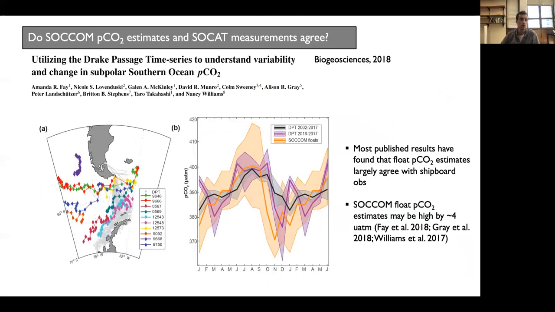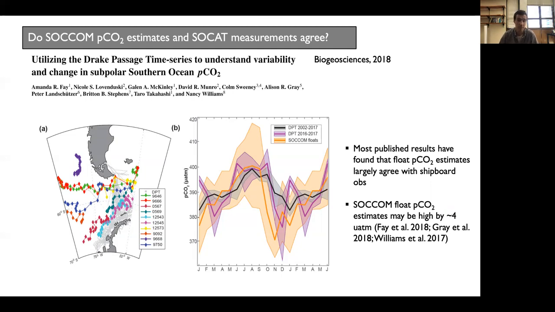So first, do the SOCCOM PCO2 estimates and SOCAT measurements agree? This is a paper from Amanda Fay and co-authors, where they looked at Drake Passage time series CO2 to look at variability in the Southern Ocean PCO2. I just took one set of figures from here that was assessing how well the SOCCOM PCO2 was doing in the early days.